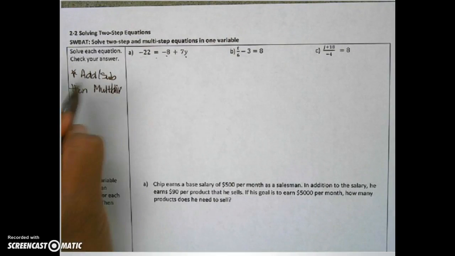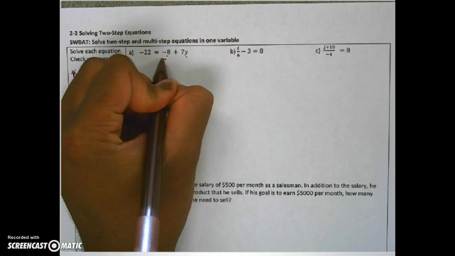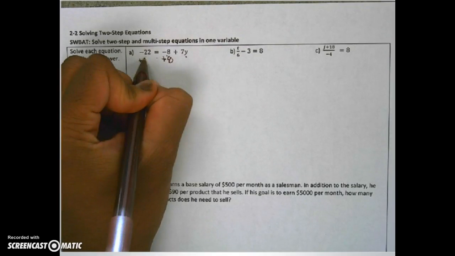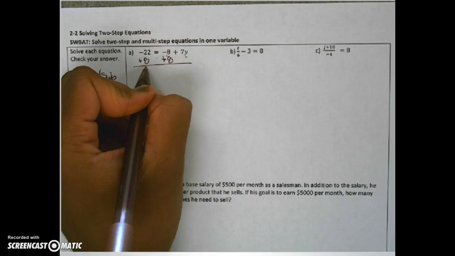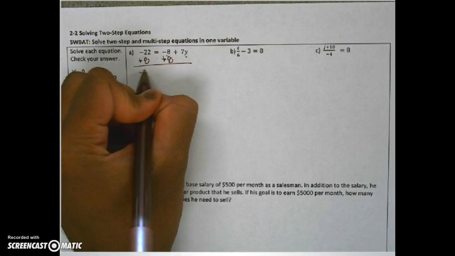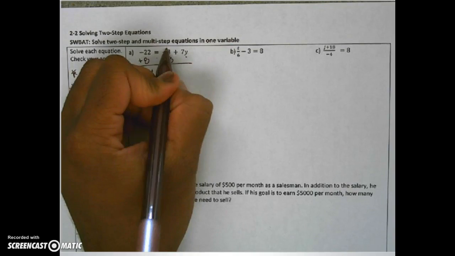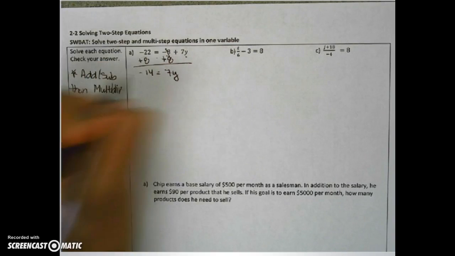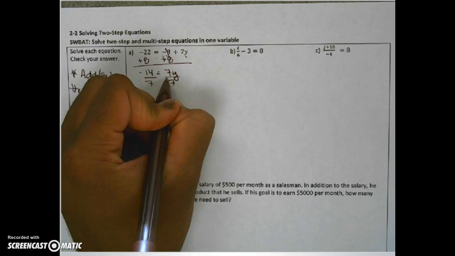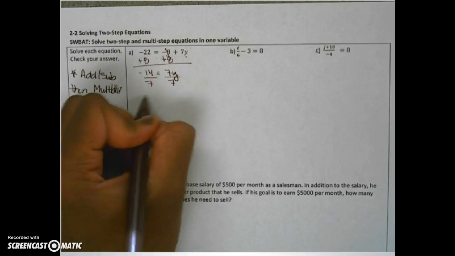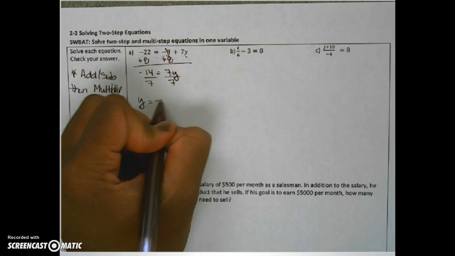So we're going to get rid of the addition and subtraction first. So plus 8, plus 8. The opposite of minus 8, or the inverse, is to add it. So when I do that, I get negative 14 equals, these cancel out, 7y. From here, I'm going to divide by 7, because the opposite of multiplying by 7 is to divide by 7, and I get y equals negative 2.